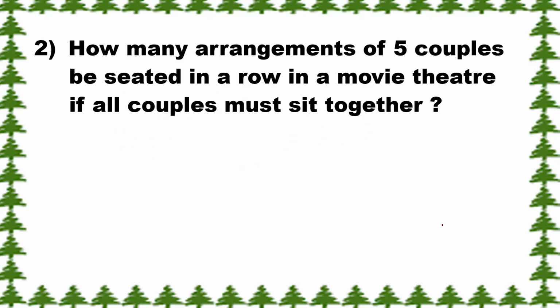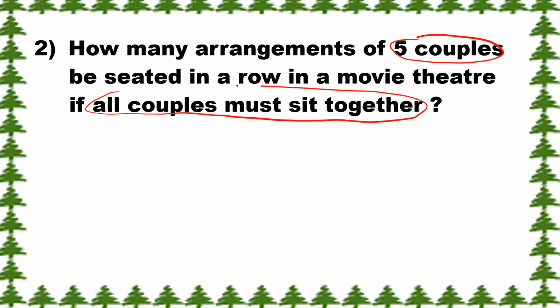So ito din, no? You look at this number 2. How many arrangements of 5 couples be seated in a row in a movie theater if all the couples must sit together? So kung meron tayong 5 couples and all couples must sit together, ibig sabihin, yung 5 couples na yan, each couple must sit together.